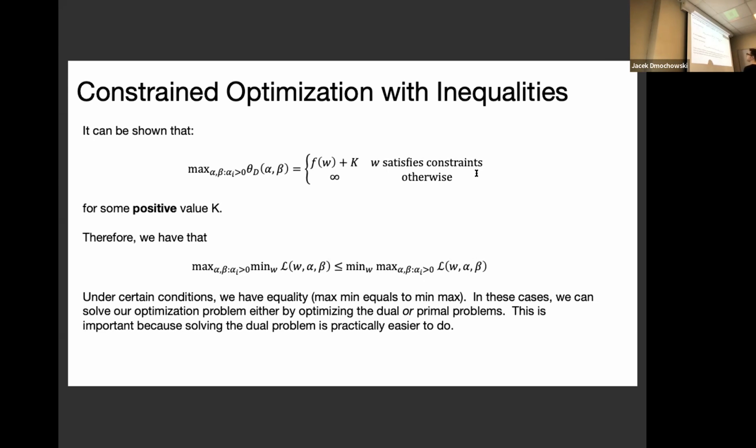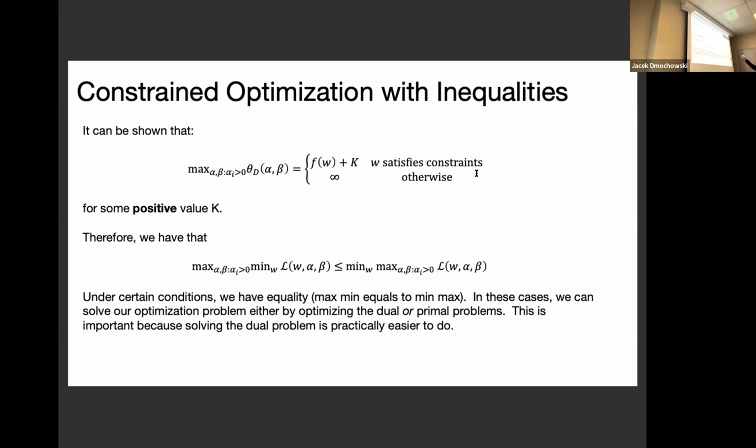And this is the key. The key result is that there is a really nice relationship between the function that you want to minimize, the f, and the max of the min. So theta d is the min, basically, and you're doing the max of the min here. What that equation, the one prefaced with "it can be shown that," is showing is that if W satisfies your constraints, then the max of the min is finite.